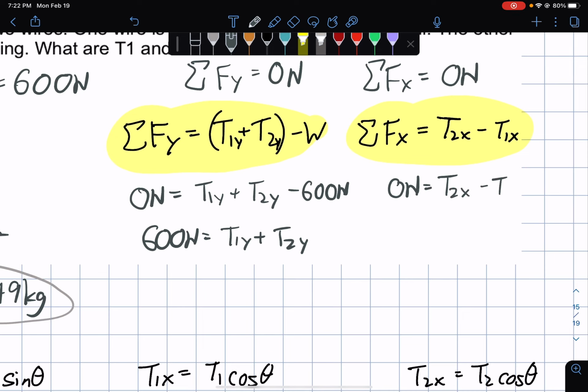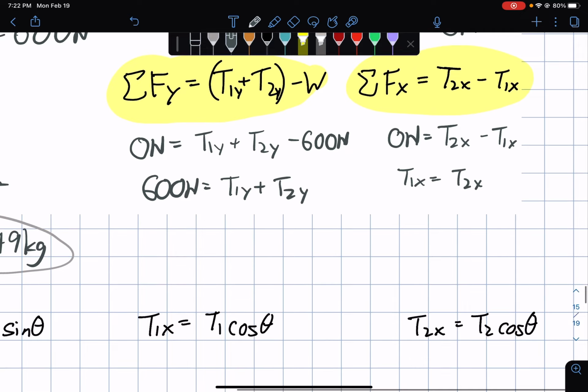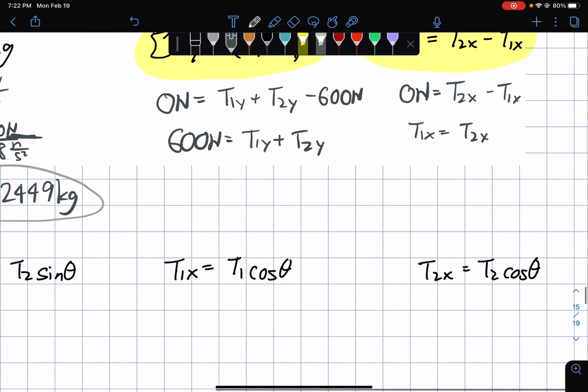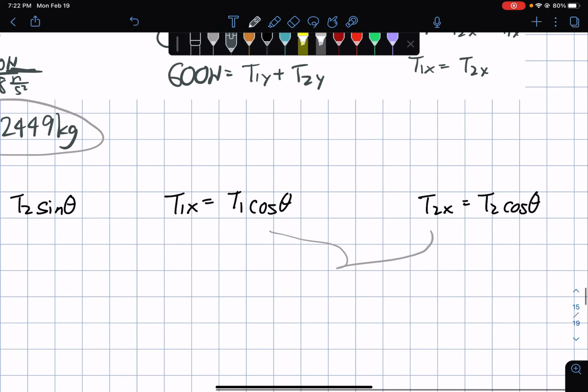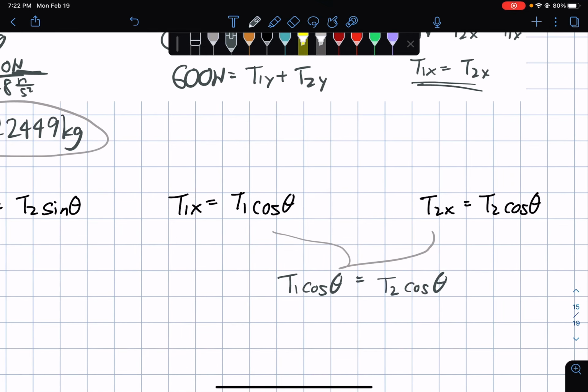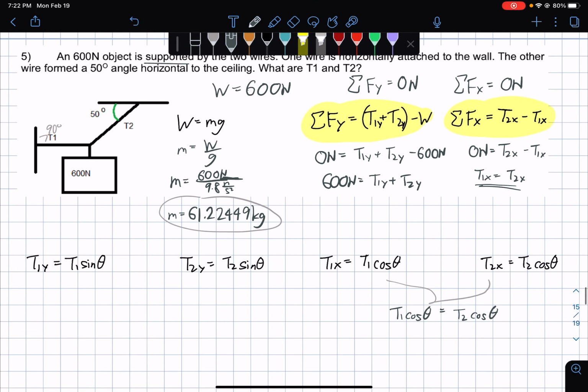T2x minus T1x. T1x is equal to T2x from that situation. Therefore, we can make these equal to each other because of this. So T1 cosine theta is equal to T2 cosine theta.